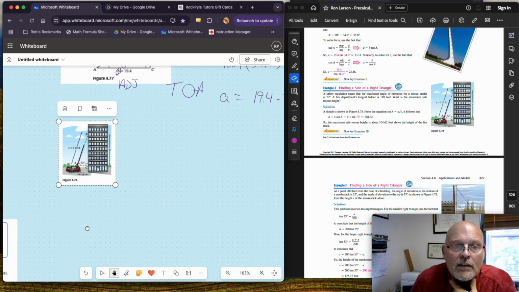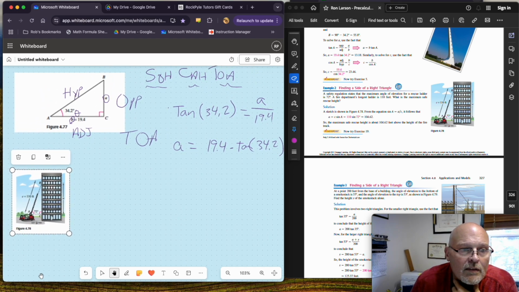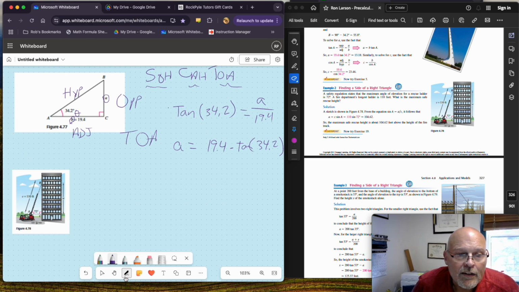So the setup we have here is a building, a distance away from it, an angle, and the length of that ladder. So I'm going to make myself a triangle. I've got A, B, and C. Let's pretend that's a right angle. And I have this angle theta.